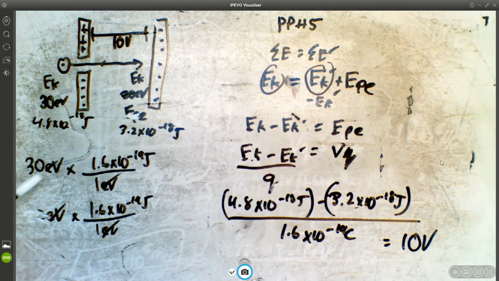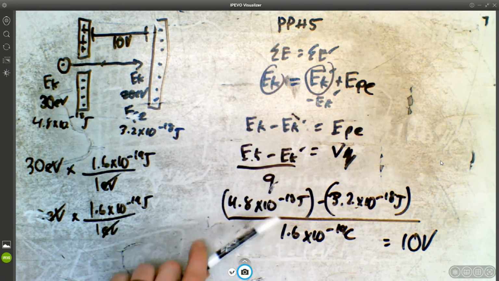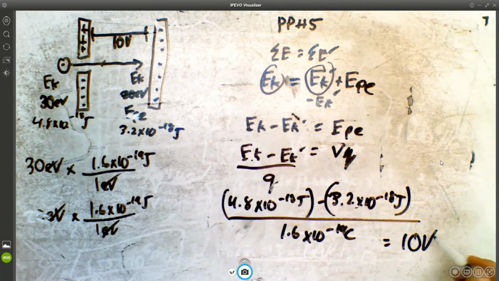And what we did is here we took 30 times 1.6, 20 times 1.6. And then we took those answers and we divided by 1.6. So we're timesing it, dividing it by 1.6. So it doesn't make sense to do all that work. So it's just going to be 10. You just 30 minus 20.